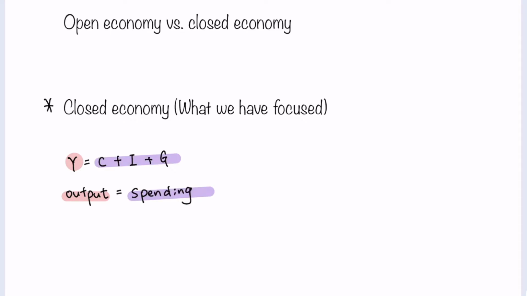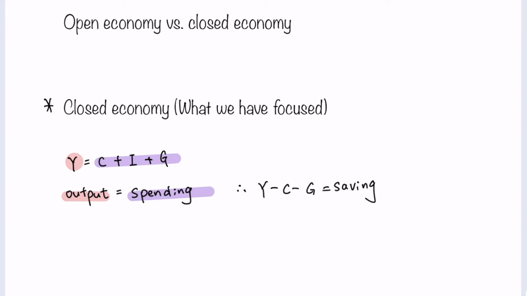So the total amount of goods produced will be the total spending of the economy. Therefore, we can rearrange the equation and say output minus consumption minus government expenditure needs to equal the saving of the nation.